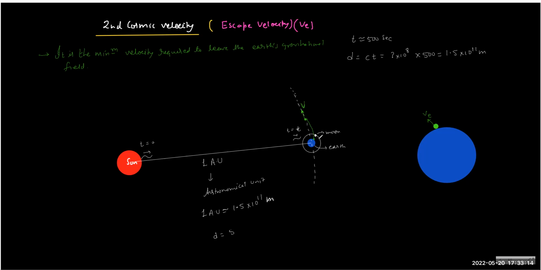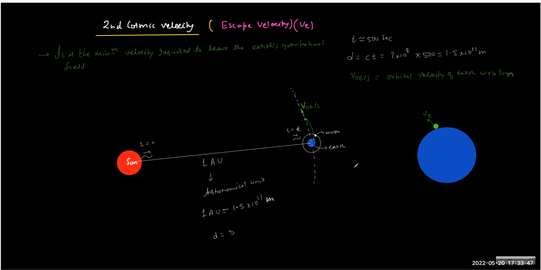I don't know much about it, but what I can say is that the velocity with which you will now move is the orbital velocity of Earth with respect to the Sun. So what is V_OES? Orbital velocity of Earth with respect to the Sun.